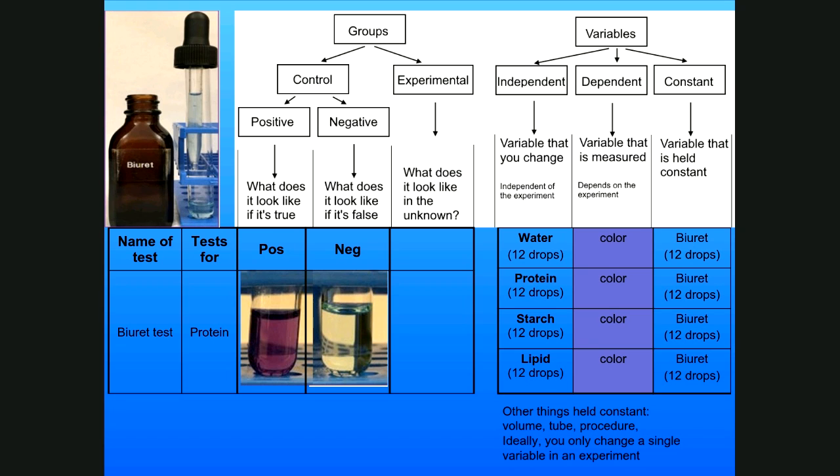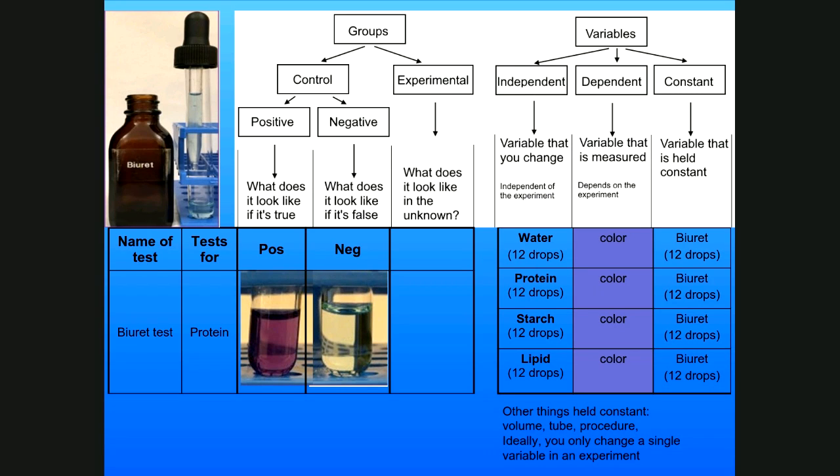And then when we set up the control reagents in the lab, we try a couple of different things. We try with water. We try to see what it looks like with protein. We try to see what it looks like with starch. And we try to see what it looks like with lipid.